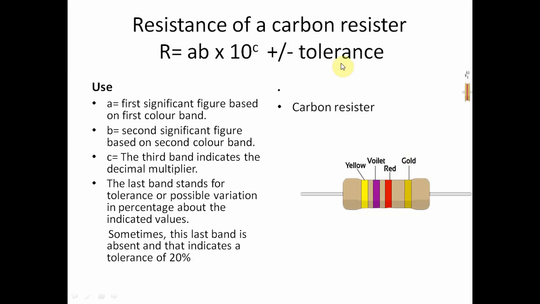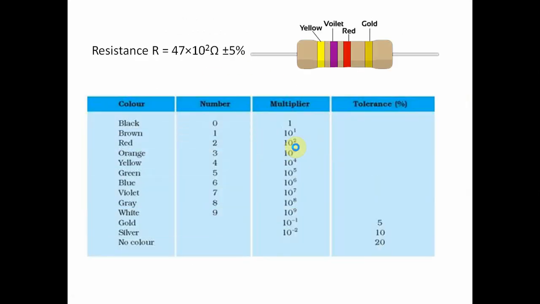On the basis of this concept, let us calculate the resistance of this resistor. The first band is yellow, meaning the first significant figure is based on yellow. In the table we see that for yellow the corresponding number is 4.